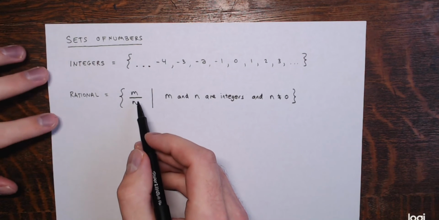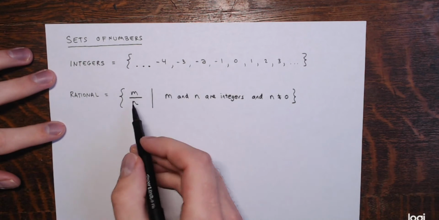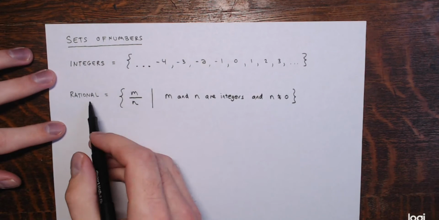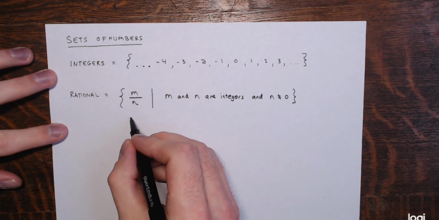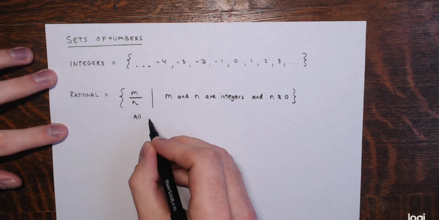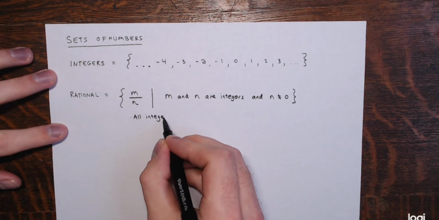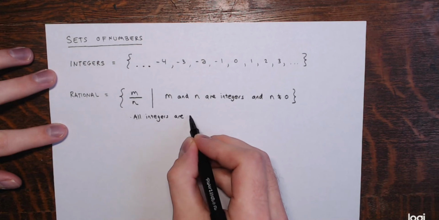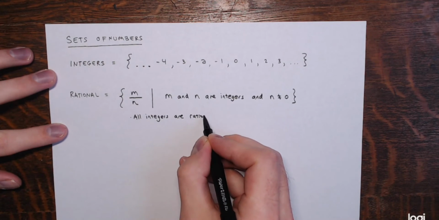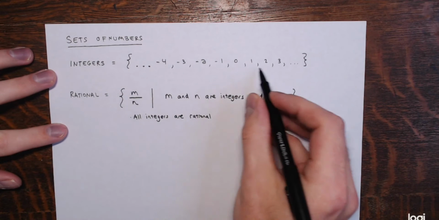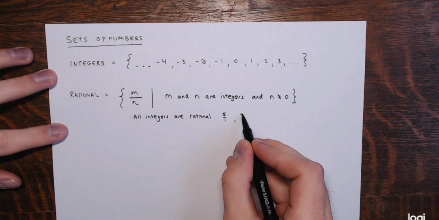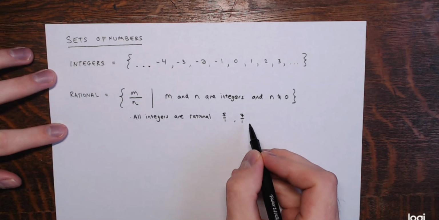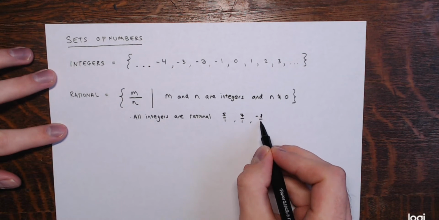Now, like I said, the integers are a subset of the rationals. So, all integers are rational. Because you can always put any of these over 1. 5 over 1, 7 over 1, right? -8 over 1, right?